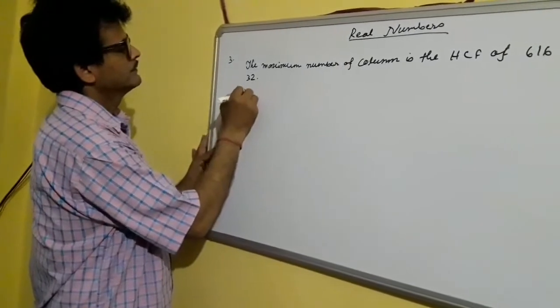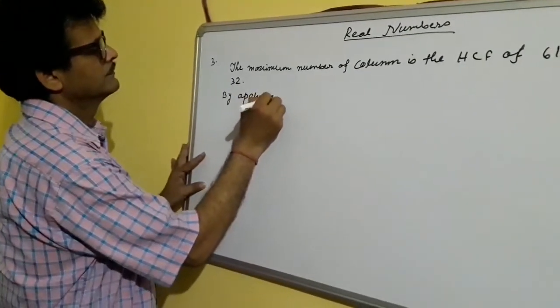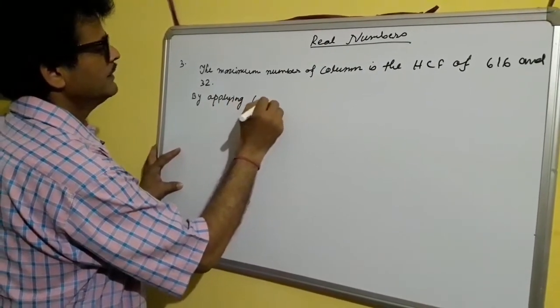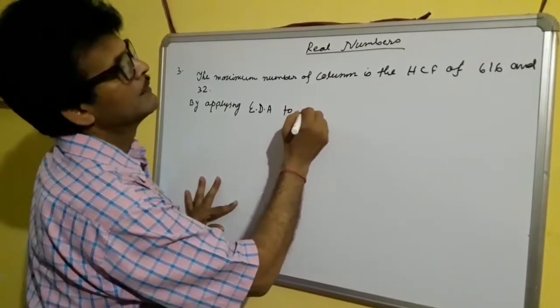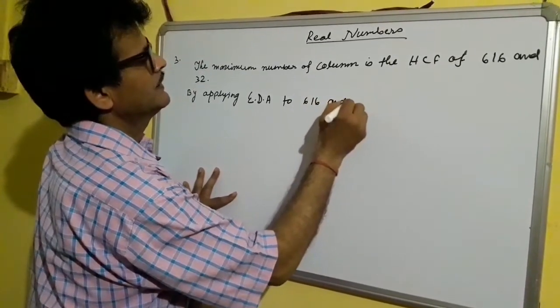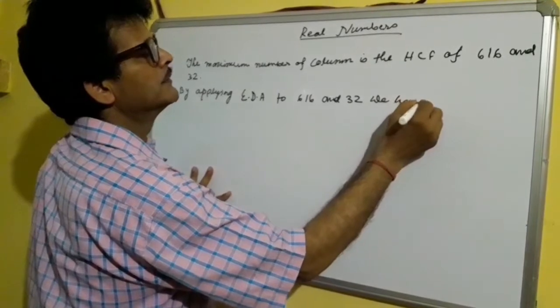By applying Euclid's division algorithm to 616 and 32, what do we get?